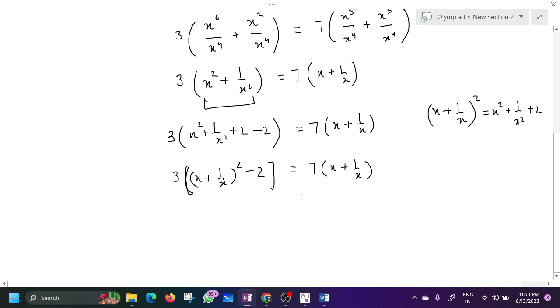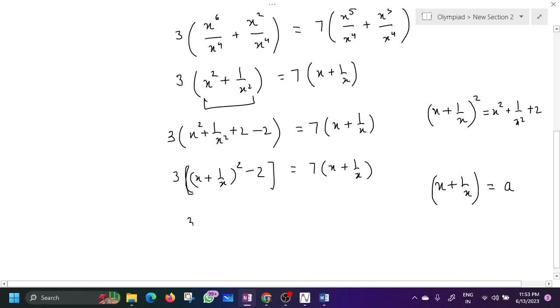Now see, we have reduced our whole equation to a single term, x plus 1 by x, and the equation is written as a quadratic using this term. Let us suppose this term is equal to some quantity a.